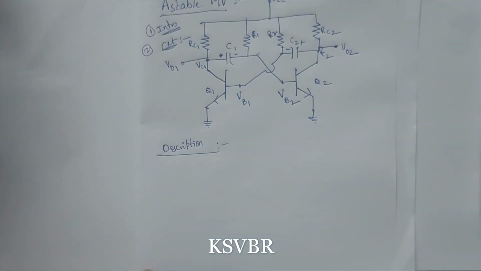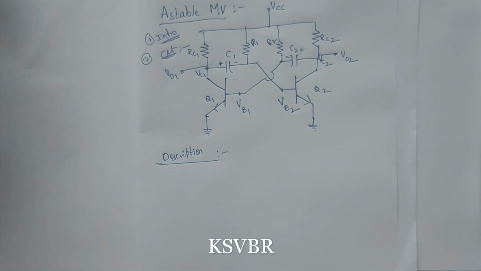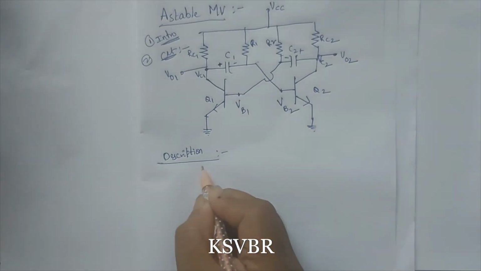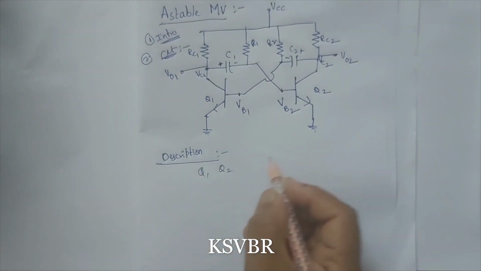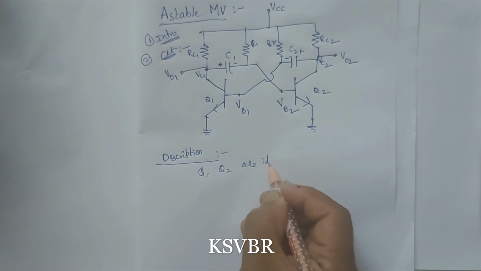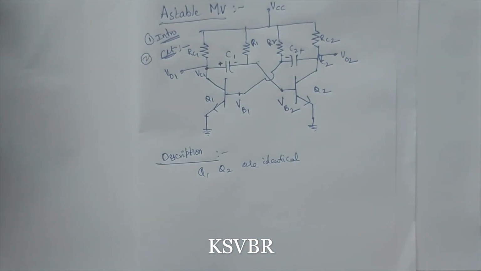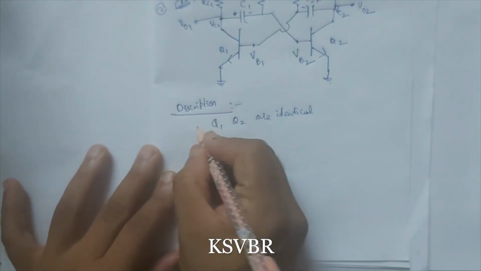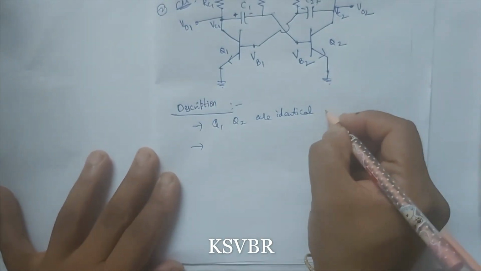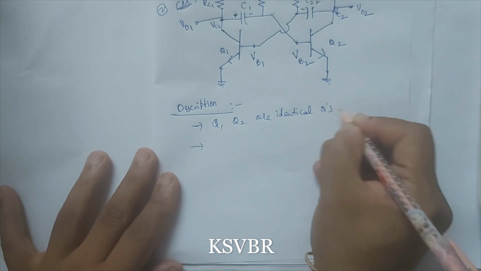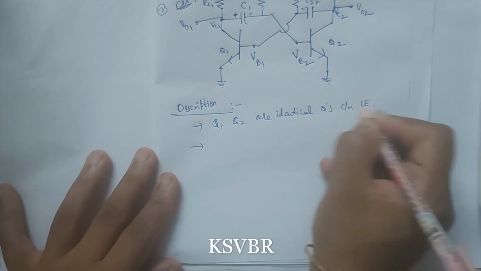So what we have to describe in the description is about Q1 and Q2. Q1 and Q2 are identical transistors connected in CE configuration.